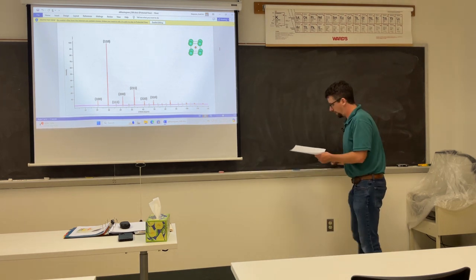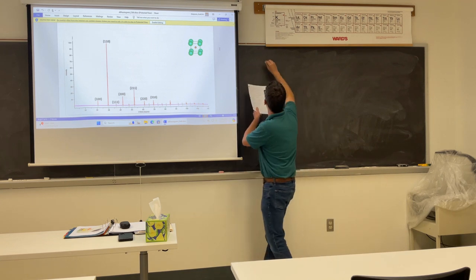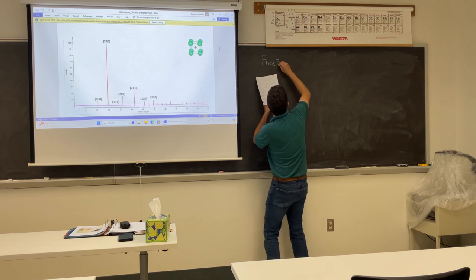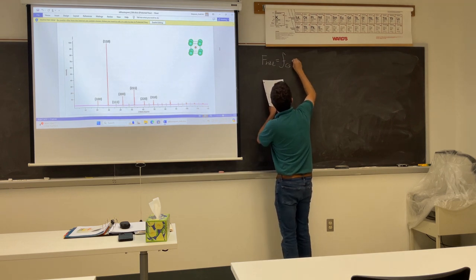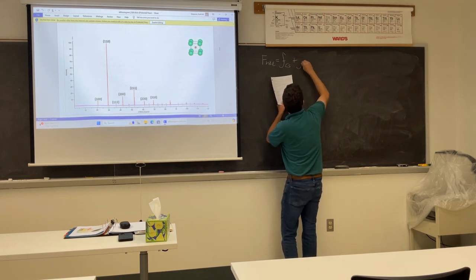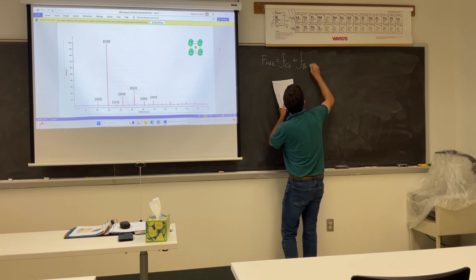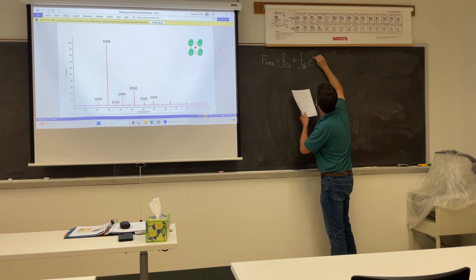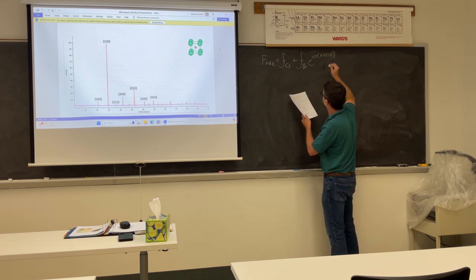So let's write out our structure factor just one more time. F HKL, we said, is equal to this, plus the atomic scattering factor of bromine times e to the i pi h plus k plus l.